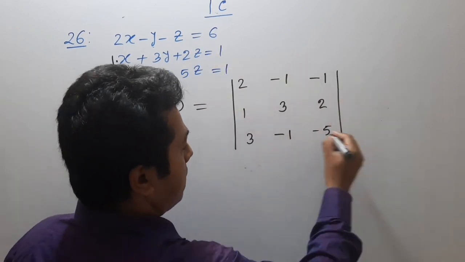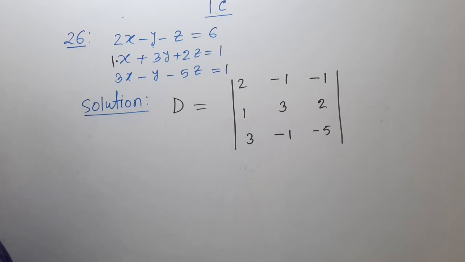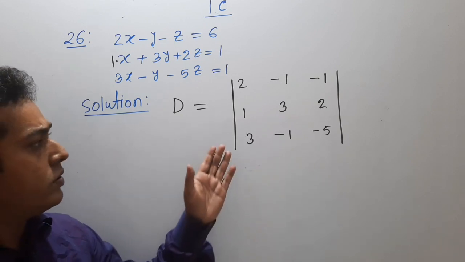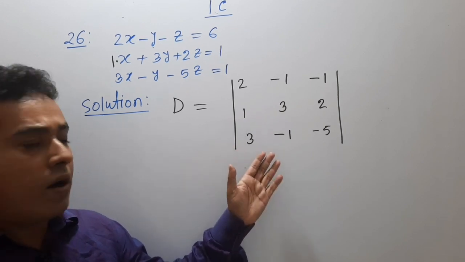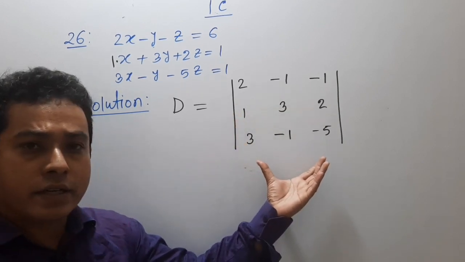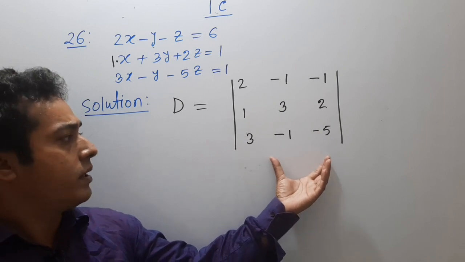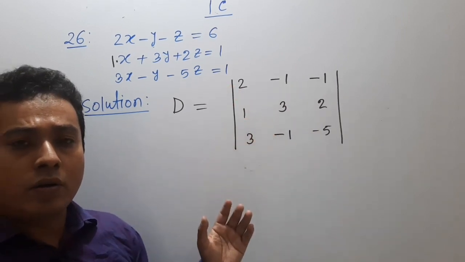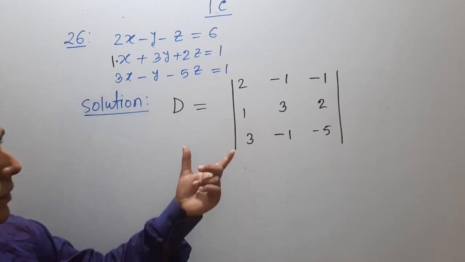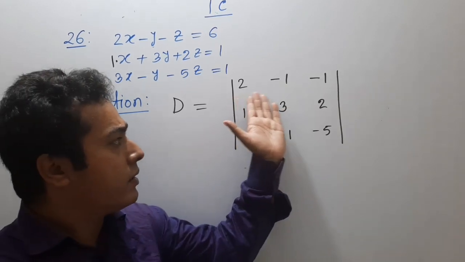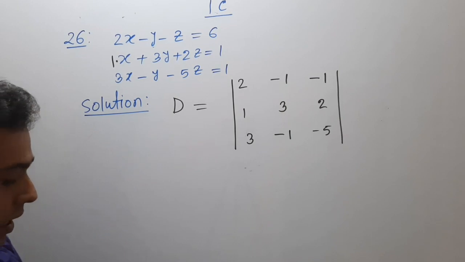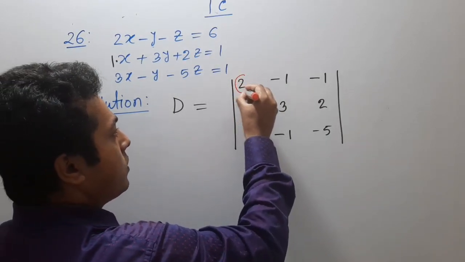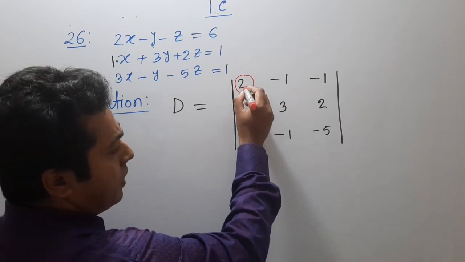Now we already know how to find the value of this determinant. You can expand by any row or column. Just expand by the first row. At first, consider the 2 and ignore the row and column of 2.